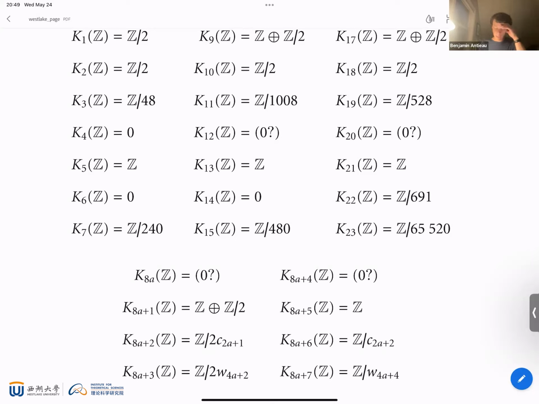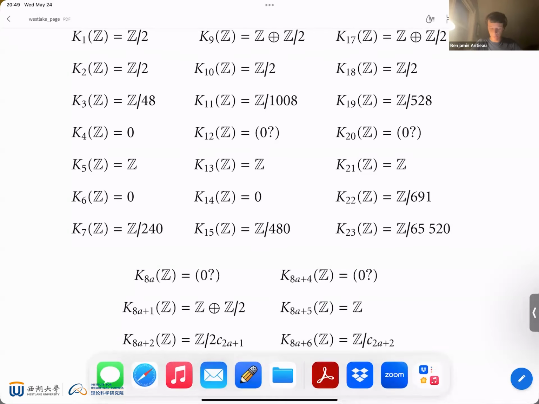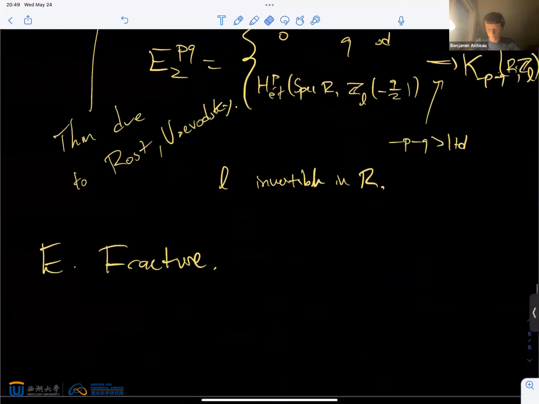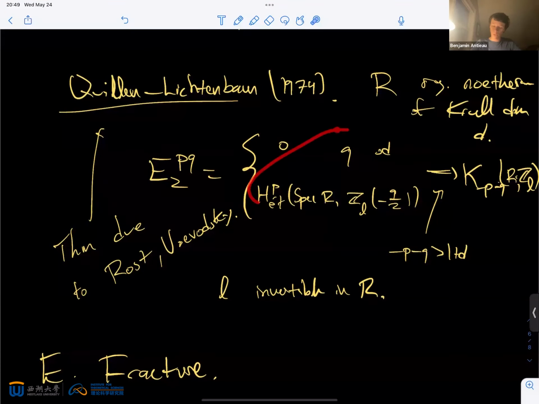And this problem, what does it have to do with? Well, going back to here, it has to do with computing the étale cohomology of the ring of integers of Q in the end.